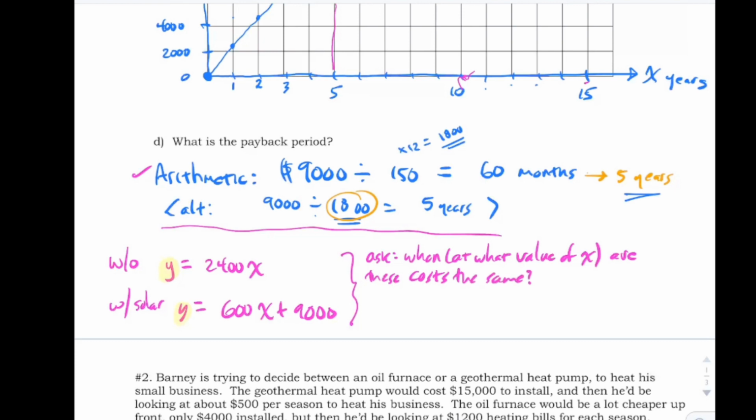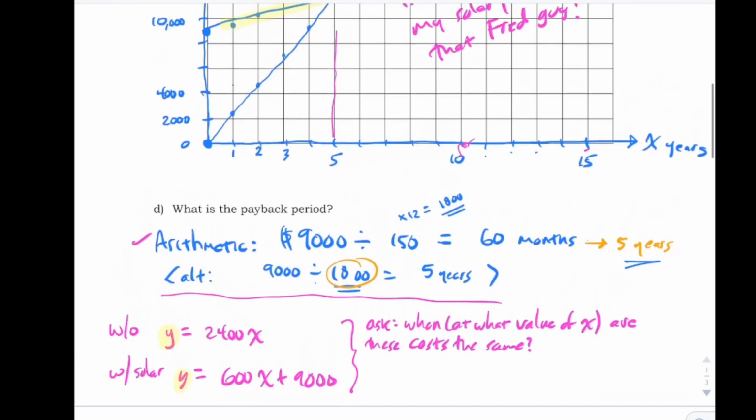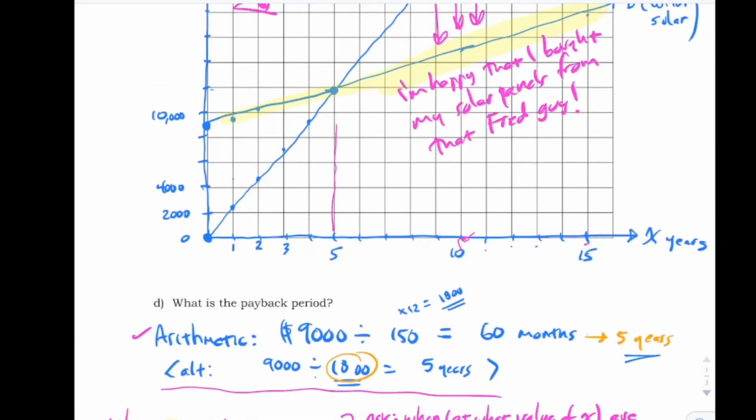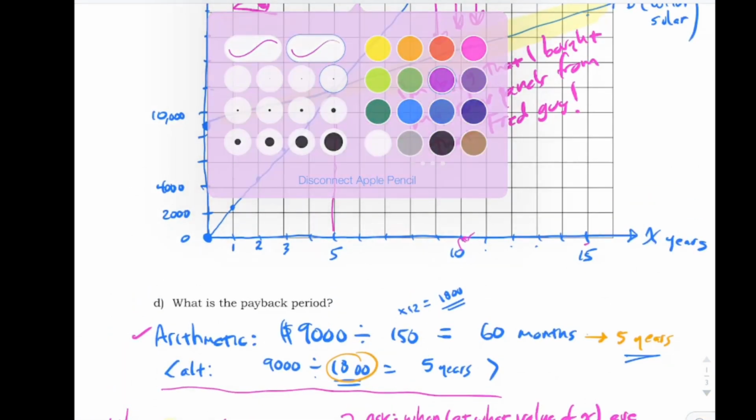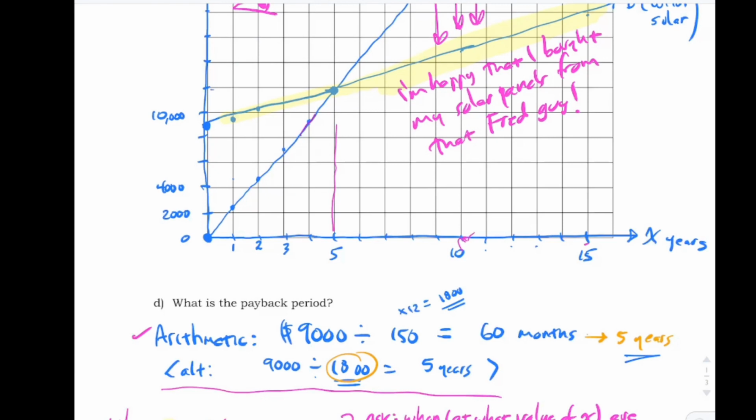Because looking back at the graph here, this is me spending for electricity without my solar. This is me spending for electricity with my solar. And you'll notice that here's the crossover point right there. That's where the costs are the same.